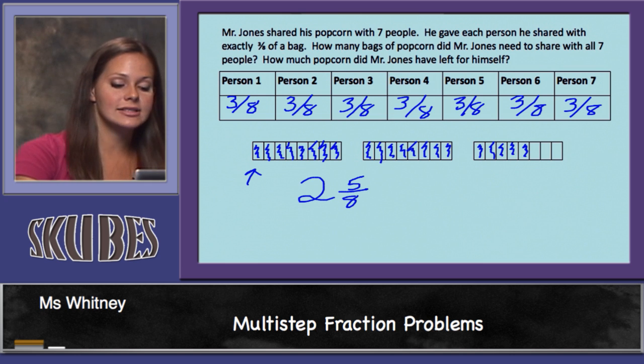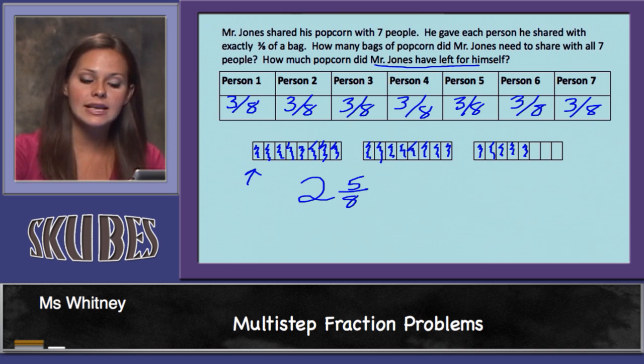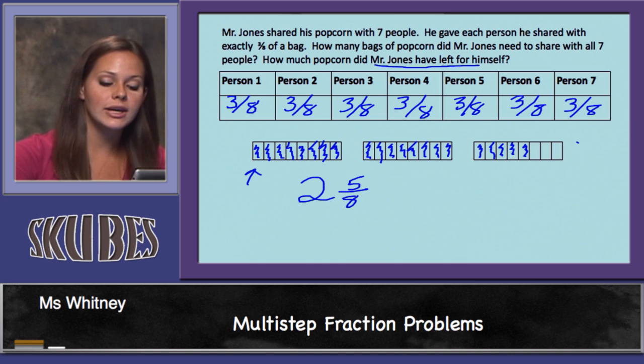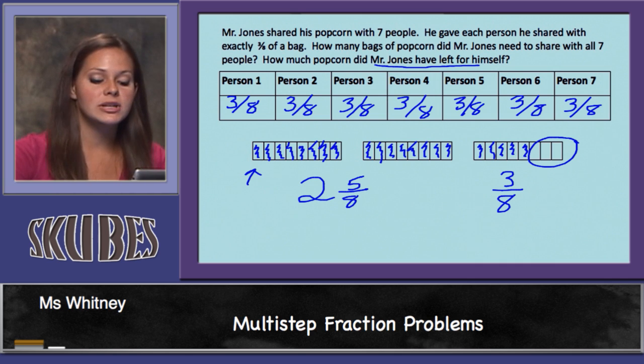The next question asks, how much popcorn did Mr. Jones have left for himself? Using the model, we can see that there is 3/8 left of the third bag. So Mr. Jones had 3/8 left for himself.